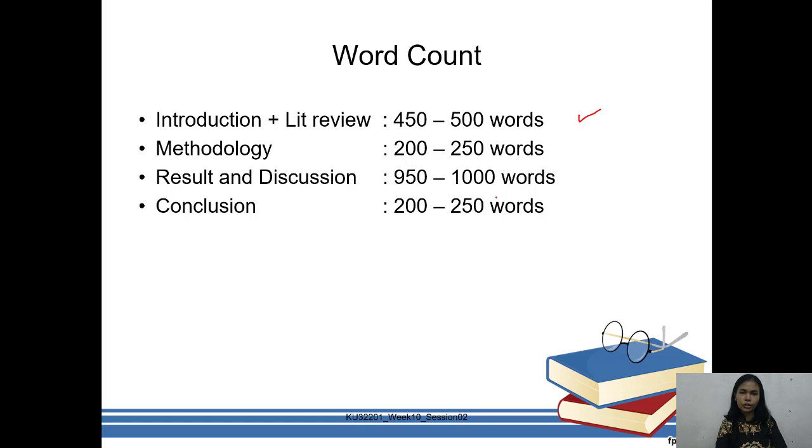For the conclusion, we focus on 200 to 250 words. How about the references, the abstract, and the title? All of those are not going to be counted in the word count. So we only focus on the writing for the introduction, methodology, results and discussion, and conclusion.